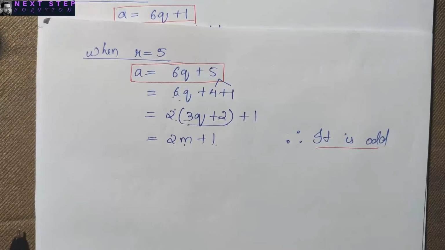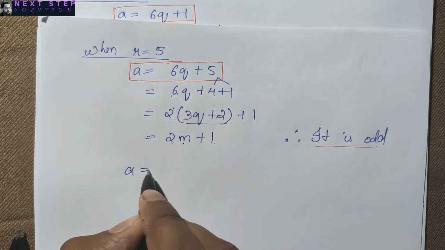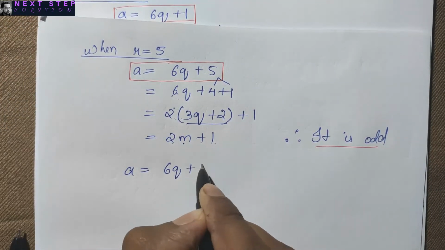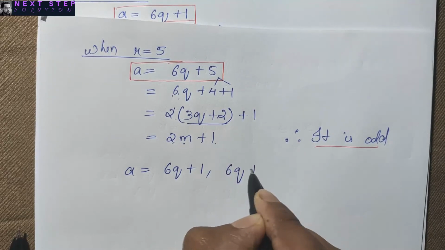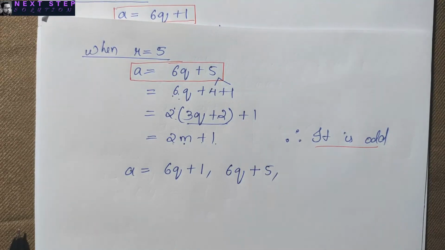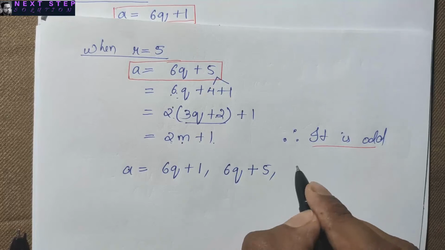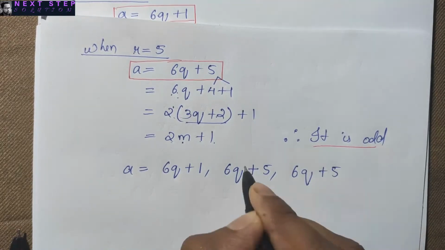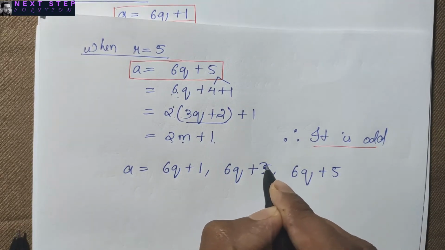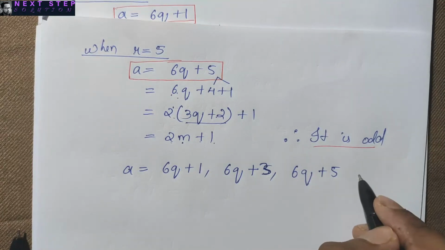So we have seen that a equals to 6q plus 1, 6q plus 3 and 6q plus 5 are odd.